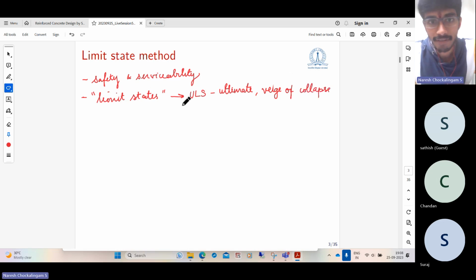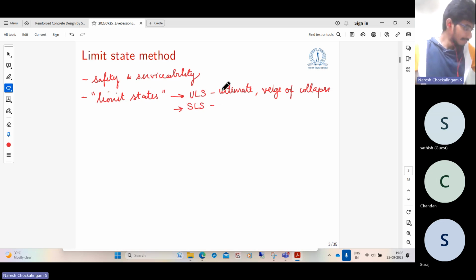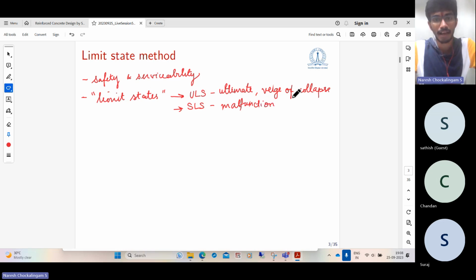And we can have the serviceability limit state. In the serviceability limit state, the structure malfunctions or causes discomfort to the occupants. For example, if a beam is deflecting excessively under working loads, under the service loads. Service loads are the loads that are usually expected on the structure.